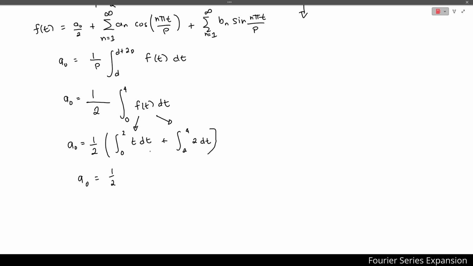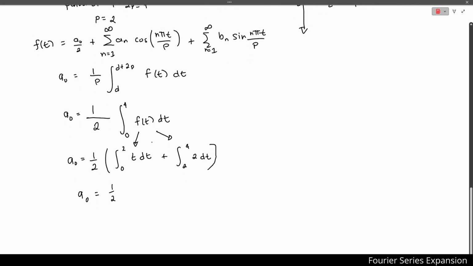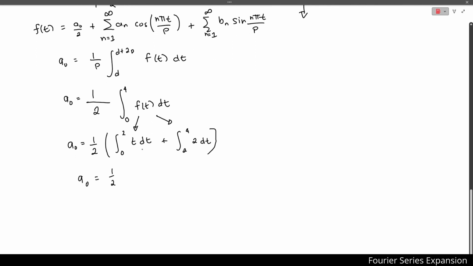Solving for this integral, we have 1 half of the integral of t, which is t squared over 2, plus the integral of 2, which is 2t. Then meron tayong bounds from 0 to 2, and from 2 to 4. Okay.